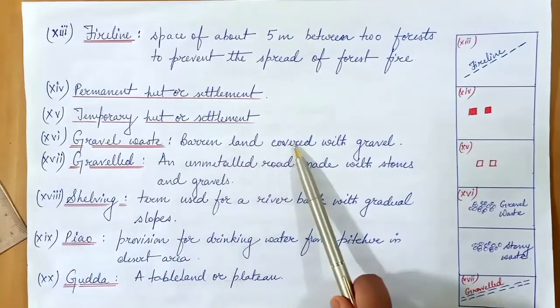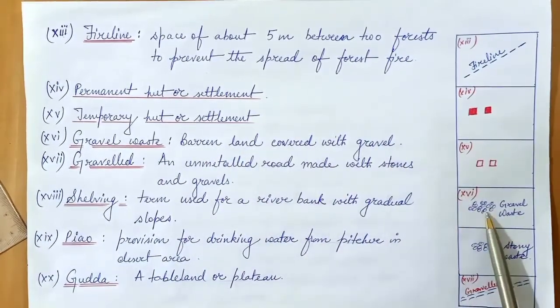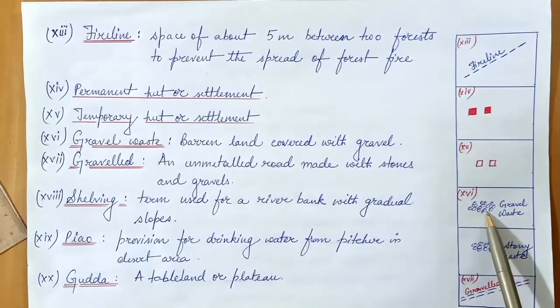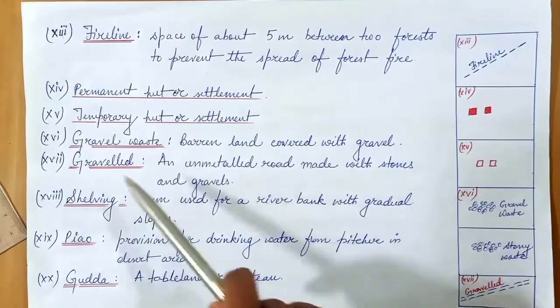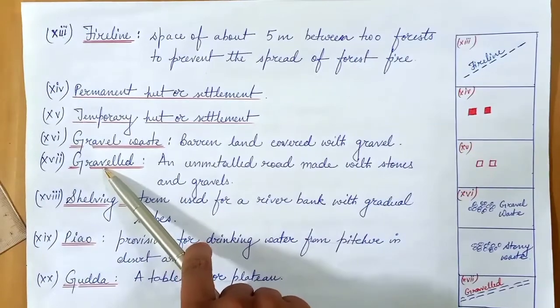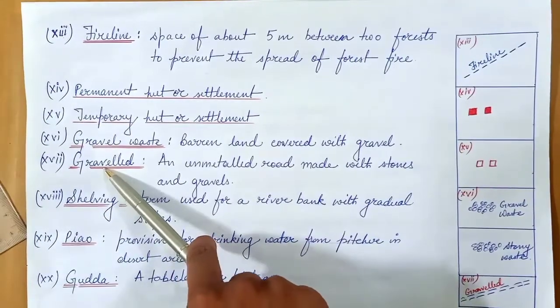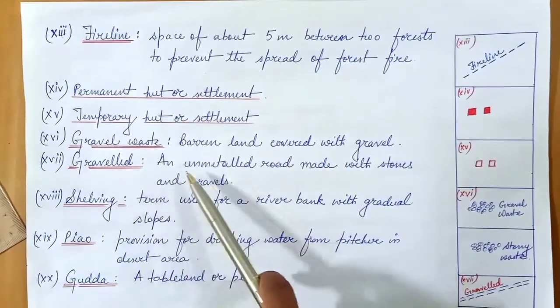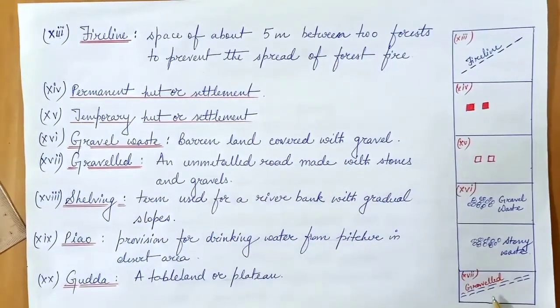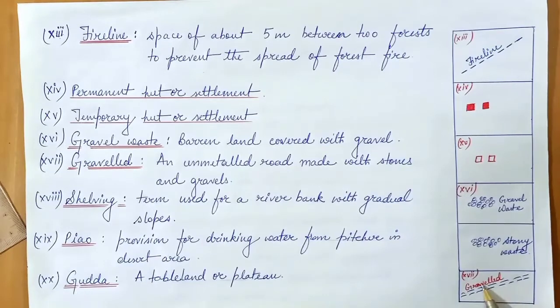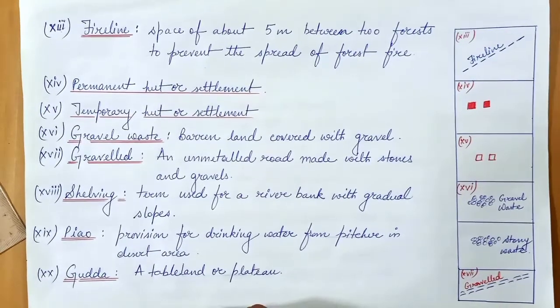These are barren land covered with gravel, and the symbol is like this, and gravel waste is mentioned next to it. We even find the word gravelled written on the map. It indicates an unmetalled road made with stones and gravels. So this is the unmetalled road which is made with gravels and stones.